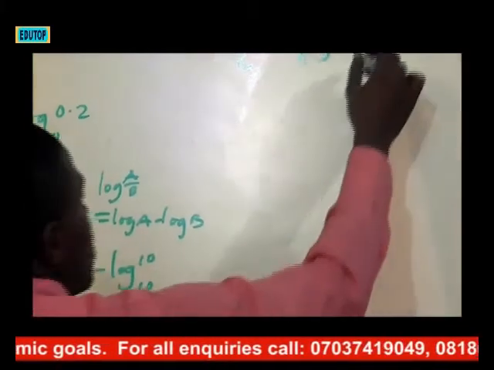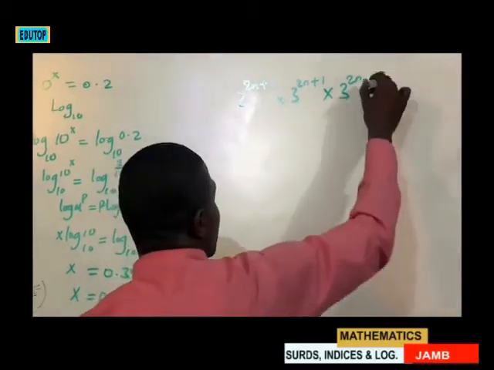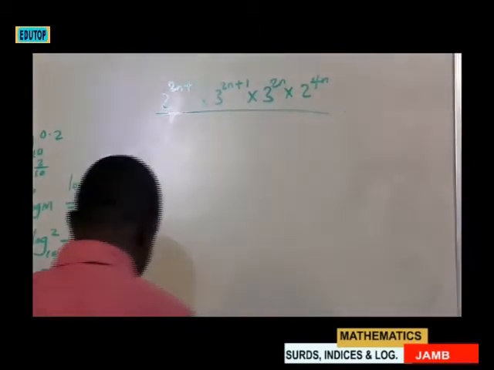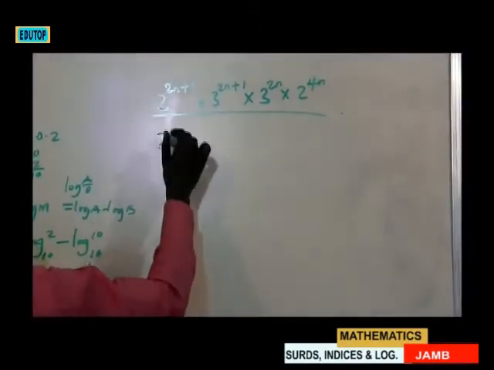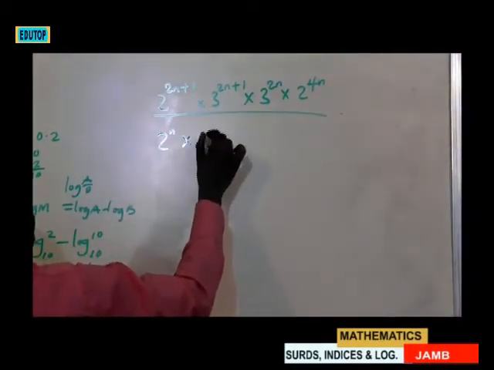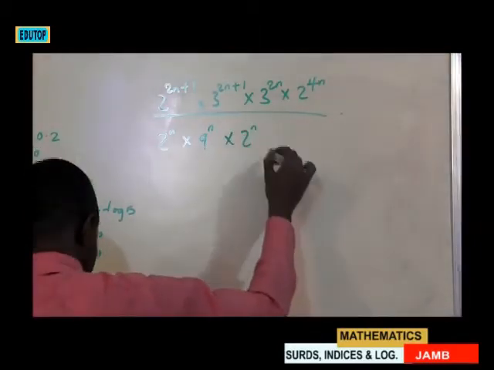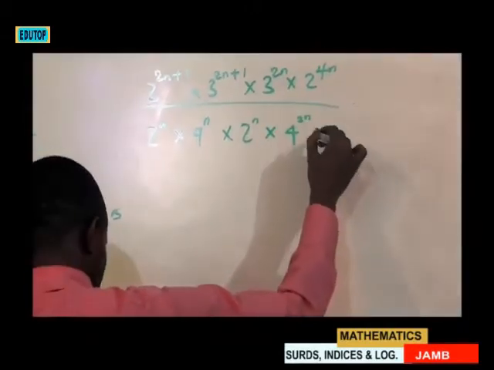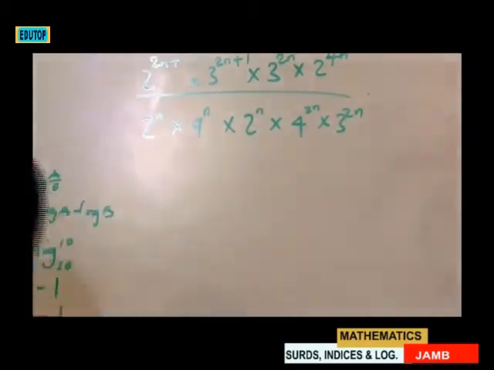Then this one can also be simplified as 3 raised to power 2n times 2 raised to power 4n over, then I have this one as 2 raised to power n times 9 raised to power n, then times 2 raised to power n times 4 raised to power 2n times 3 raised to power 2n.